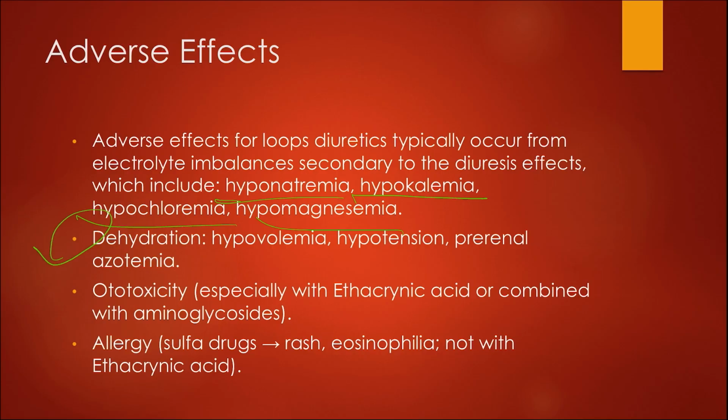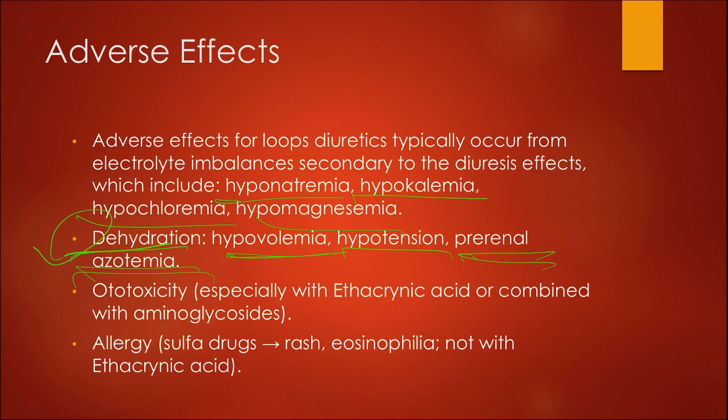Since it is a powerful loop diuretic, it can lead to dehydration. Excessive dehydration can lead to hypovolemia, hypotension, and sometimes, if it is given in large doses, it can lead to pre-renal azotemia as well.